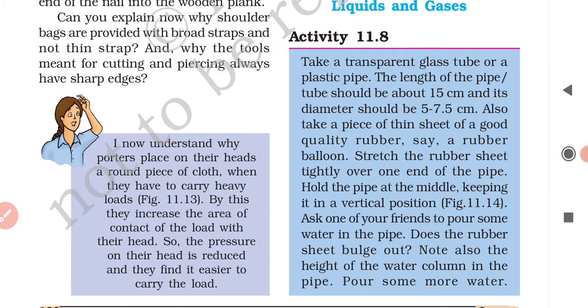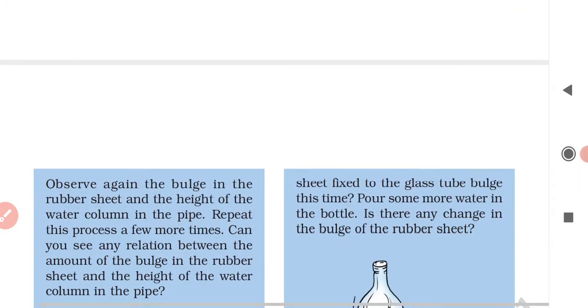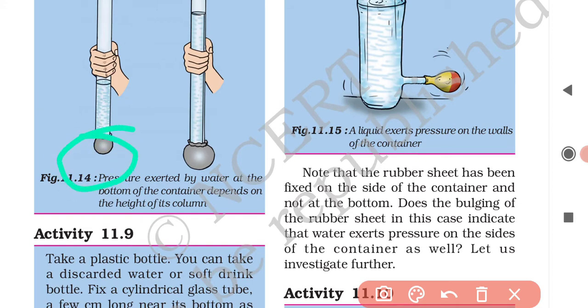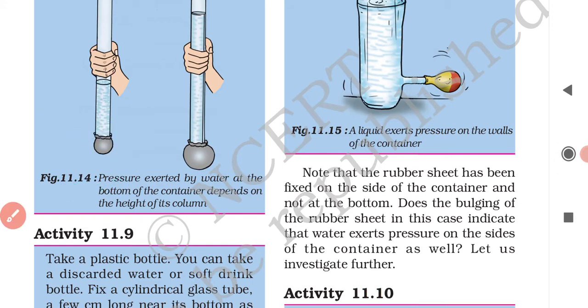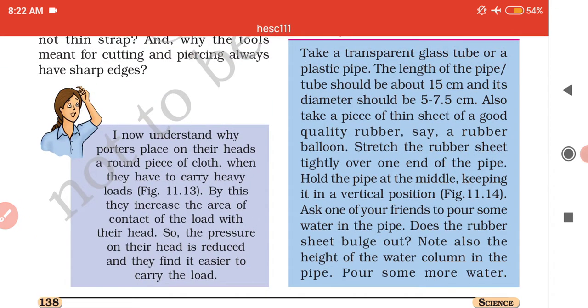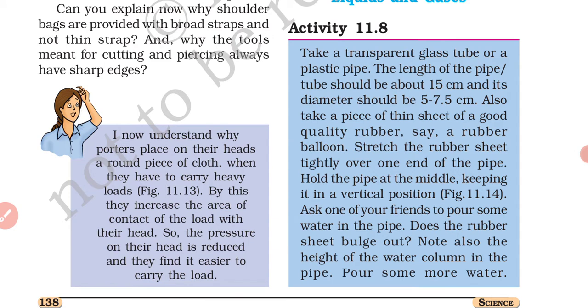Also take a piece of thin sheet of good quality rubber, say a rubber balloon, like this one. Fix the rubber balloon on one end of the pipe, stretching the rubber sheet tightly over it. Hold the pipe at the middle, keeping it in a vertical position.